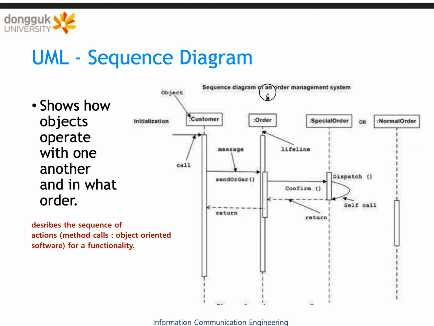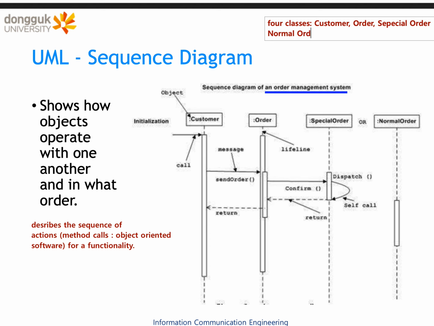This is an order management system. In this case, because this is object-oriented software, it has four classes: customer, order, special order, and normal order class.